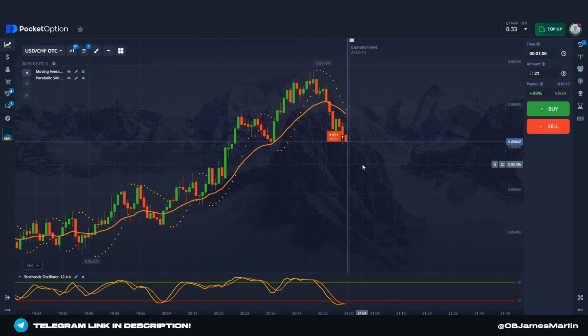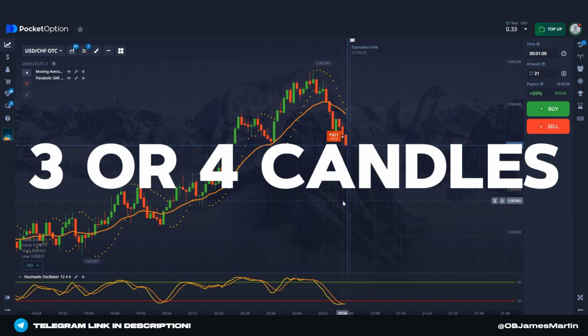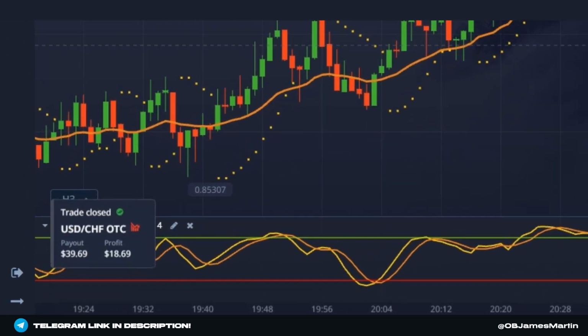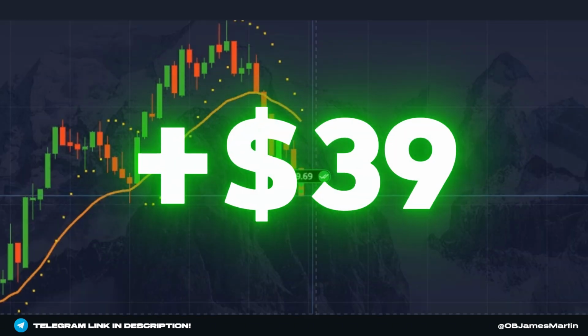If you open a trade when 10 or 20 candles have already opened after the line, the moment may have already passed, and you will be late. 3 or 4 candles are the best option for this strategy. So I checked this detail very strictly in each currency pair.